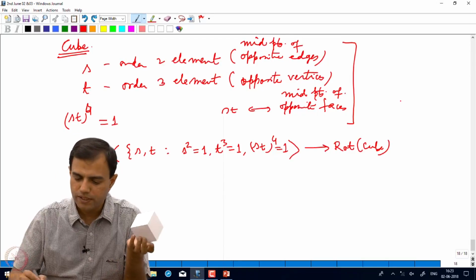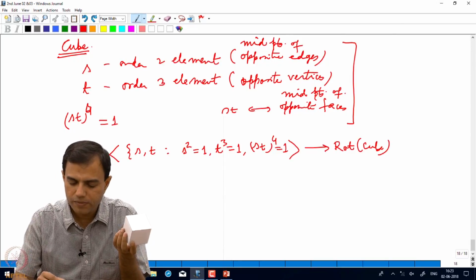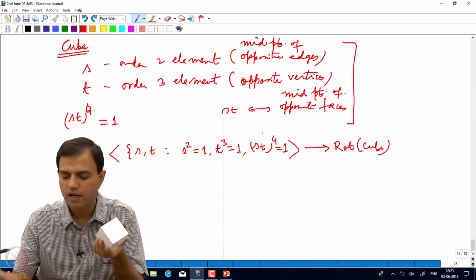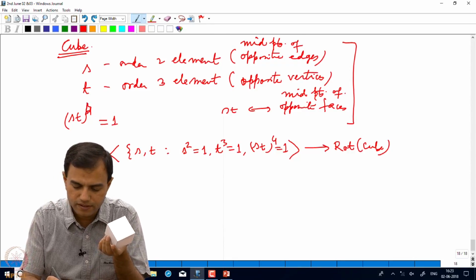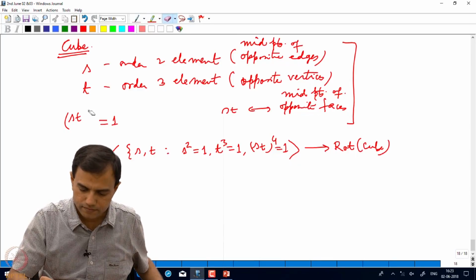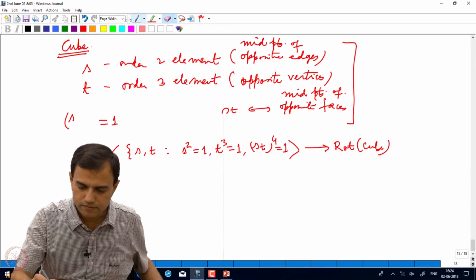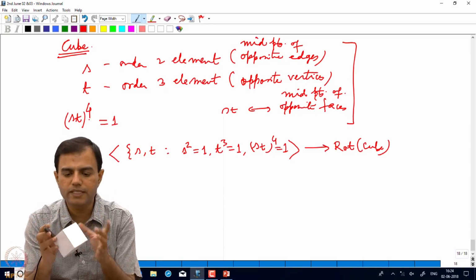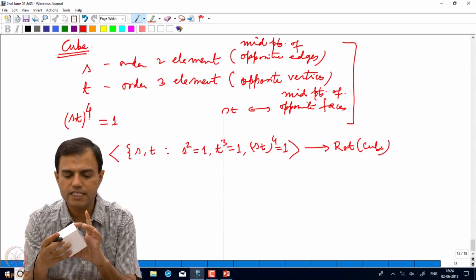So here in this cube, let's count how many order 2 elements are there, how many order 3 elements are there, and how many order 4 elements are there. For order 2 elements, I'll see how many different edges are there.